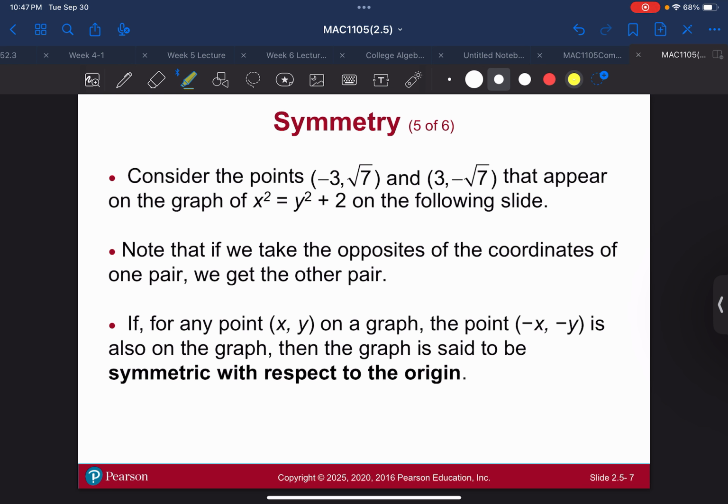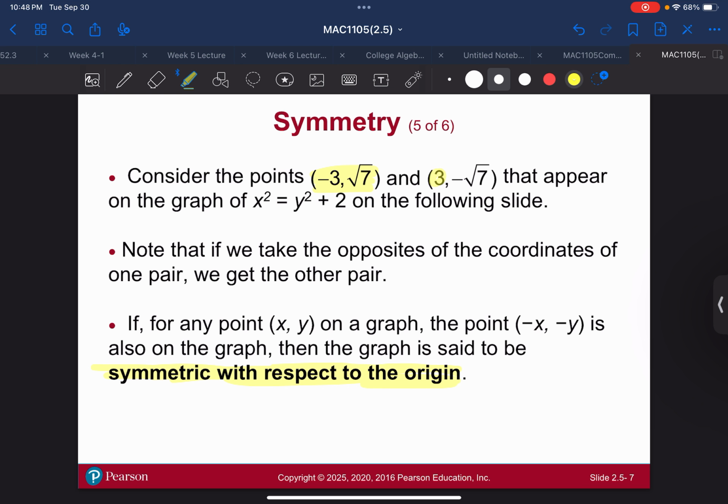All right. So finally, the last type of symmetry we're going to be talking about is whether a function is symmetric with respect to the origin. Looking at points, the way we can tell whether it's symmetric with respect to the origin is if both coordinates are opposite signs. So if I start with the point (x, y), and in this example I have -3 and the square root of 7, then each one needs to have opposite signs.